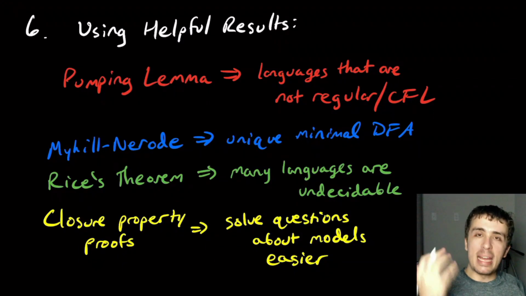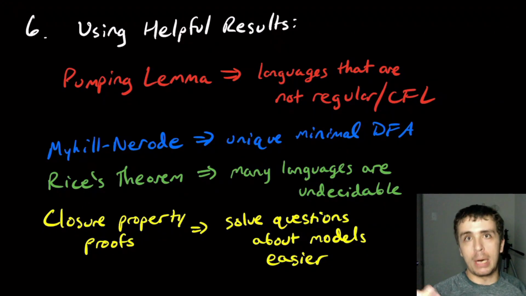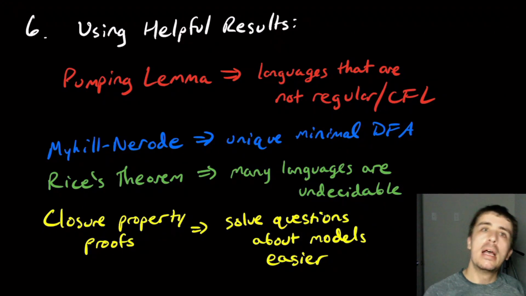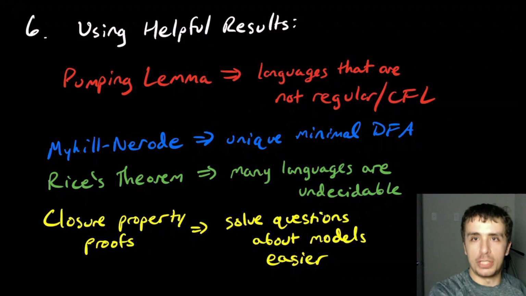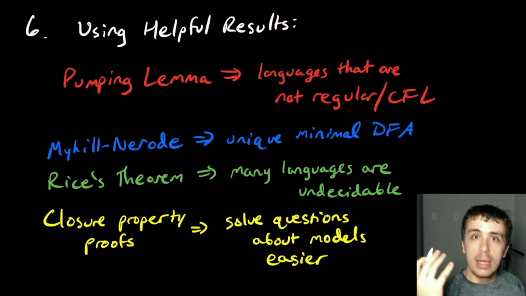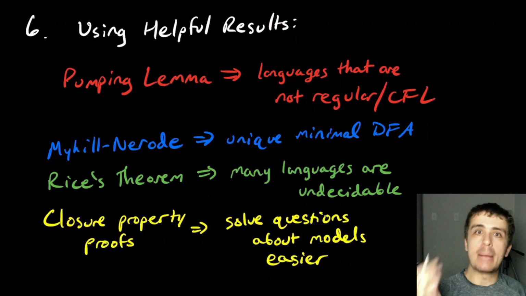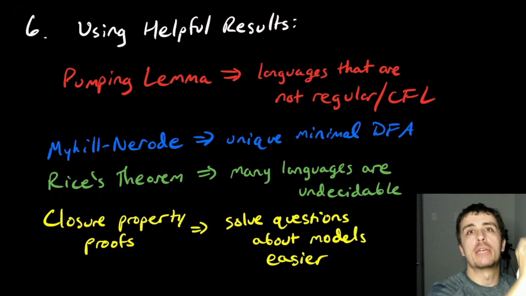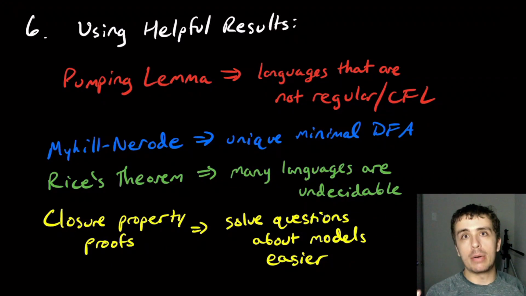We can show that if languages are closed under complement, and if we can solve certain problems, maybe about the emptiness problem, then we can solve what is called the universality problem, which is asking, does this thing accept everything? Because we can just do the closure under complement thing. So that is the sixth reason, to be able to help prove other things that we care about by considering certain properties of the models that we are investigating in the class.